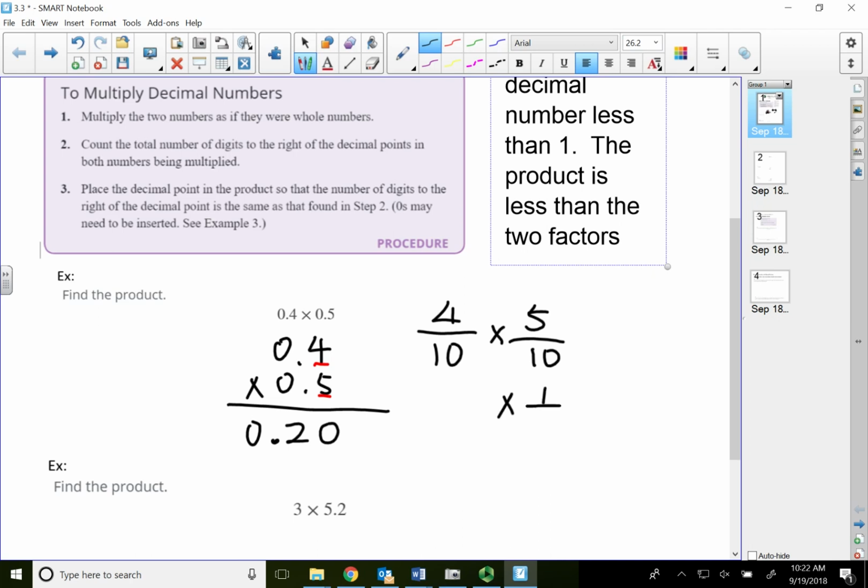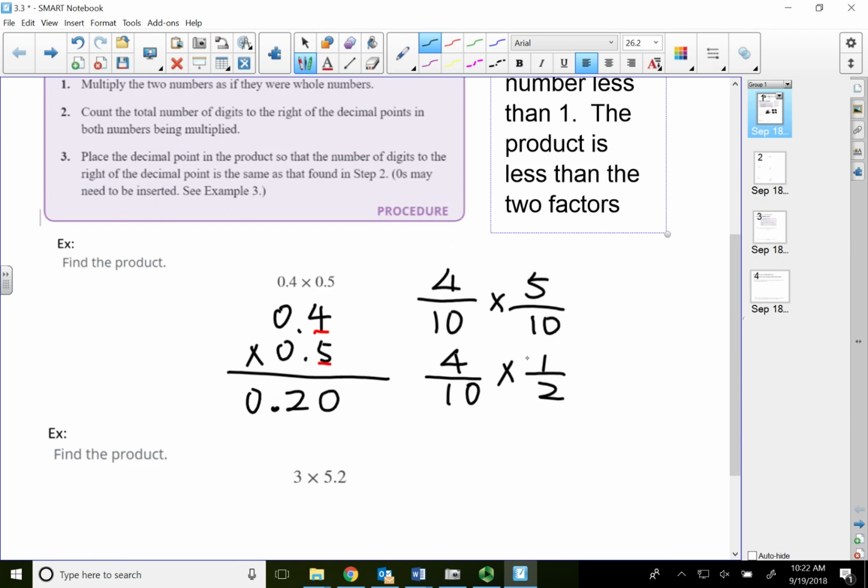So if I take my 4/10, which is 2 over 5, and multiply by a half, remember, division of a fraction means times the reciprocal. So if I reverse that, multiplication by a half means division. Basically, I'm taking my 4/10 divided by 2.